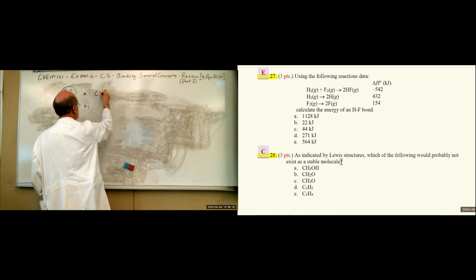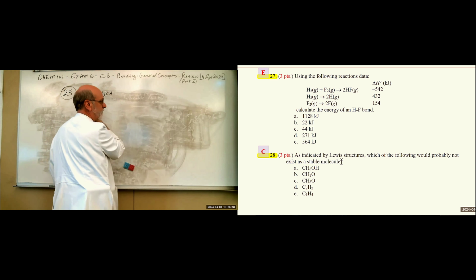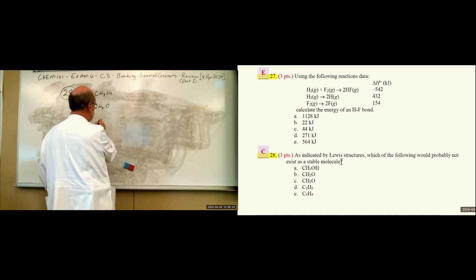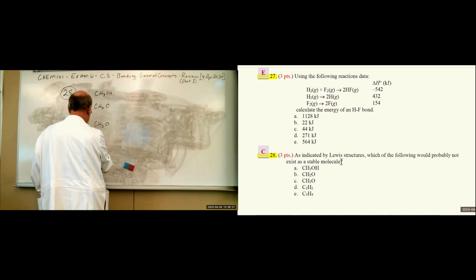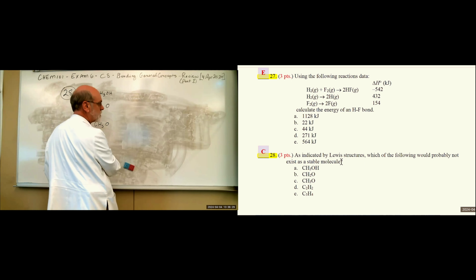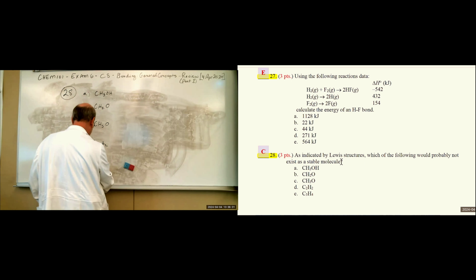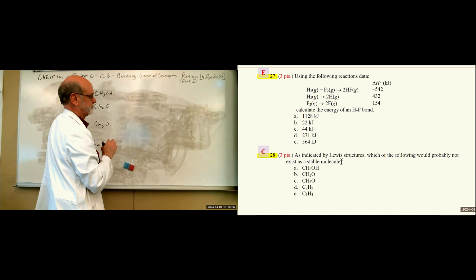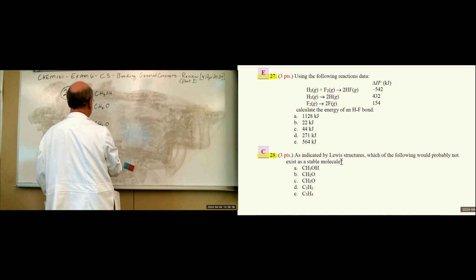CH3OH? CH2O? CH3O? C2H2 and C3H4. Okay. Based on our Lewis structures.